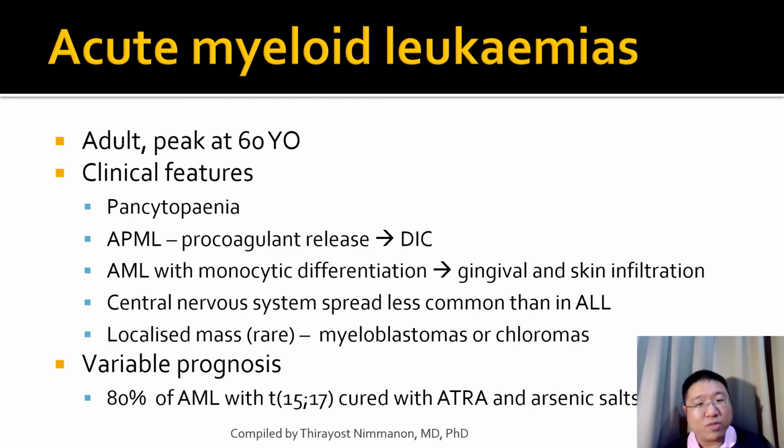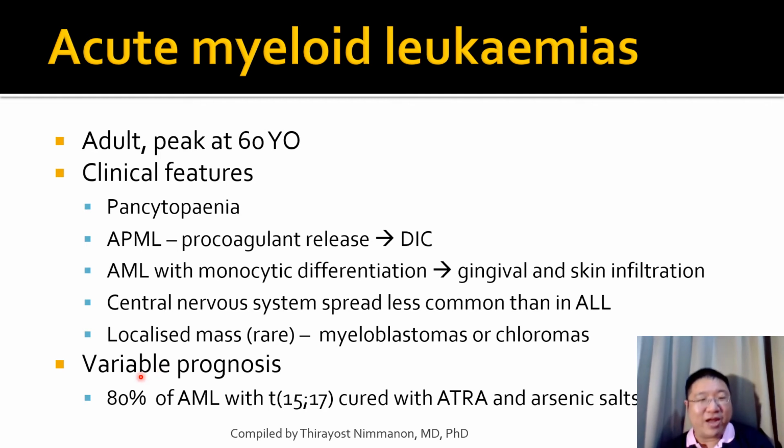And AML with monocytic differentiation is quite unique in its capability to infiltrate into the tissue. So the patients may present with gingival hypertrophy or skin infiltration. CNS involvement is less common than ALL, and localized mass is rare. But if there is a mass caused by accumulation of myeloblasts, that is myeloblastoma or chloroma.